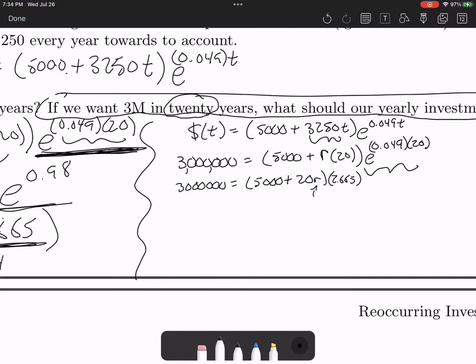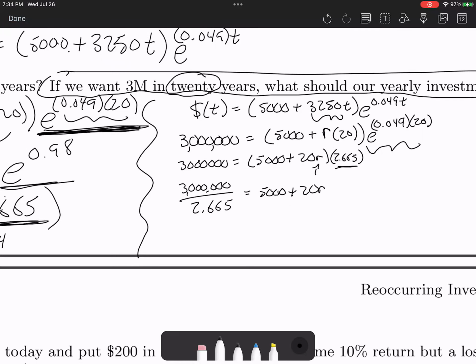All right, solving for this R value, let's divide 2.665 over to the other side. Let's subtract 5,000. In fact, let's go ahead and figure out what this is. 3 million divided by 2.665 gives you roughly 1,125,703.56.